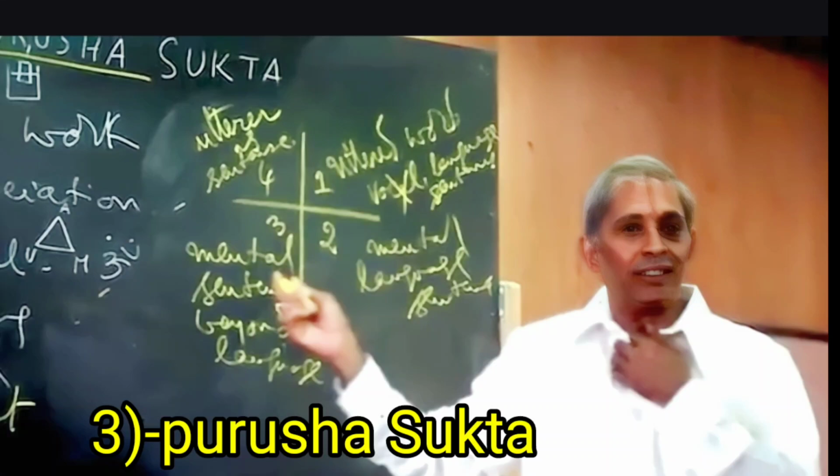These are the 5 heads of God. Solid, liquid, gas, fire and space or content of space. What the ancients called ether or akash.